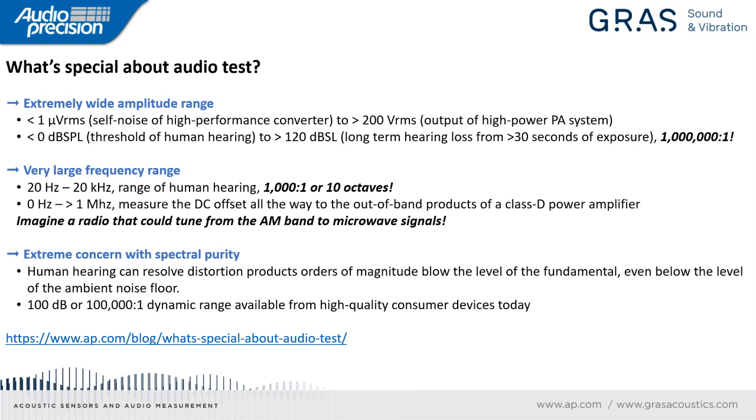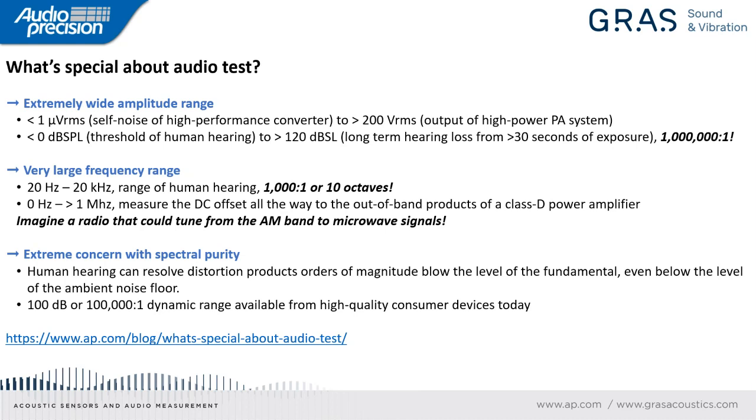The other thing to think about is perhaps not the bandwidth of the signal, but the frequency span of the signal, for example, in octaves. Range of human hearing is generally accepted to be from about 20 hertz to 20 kilohertz. That's 10 octaves of frequency range.